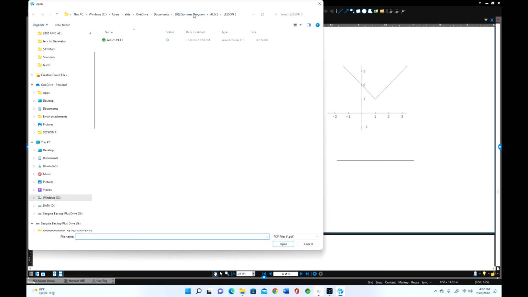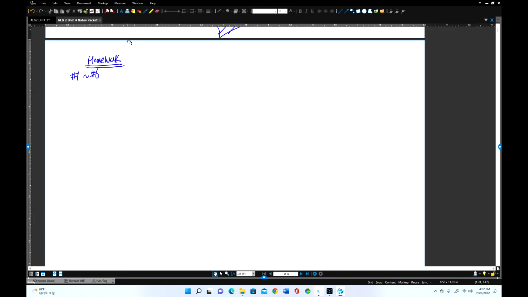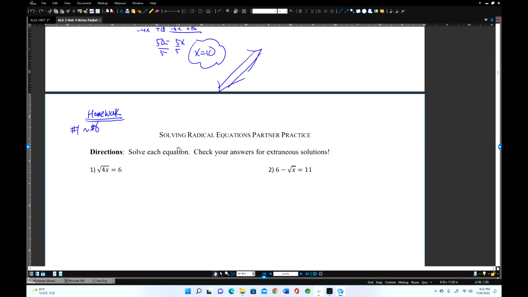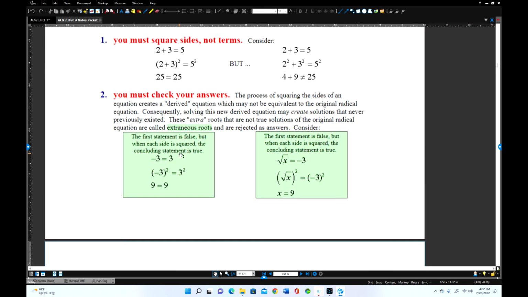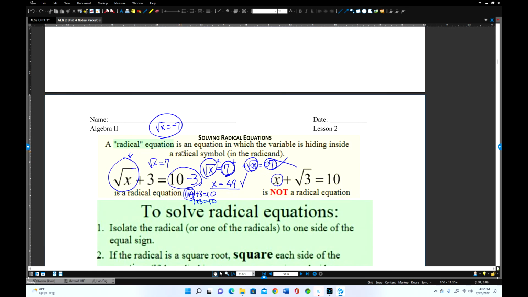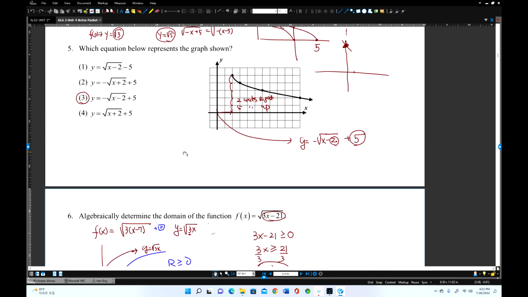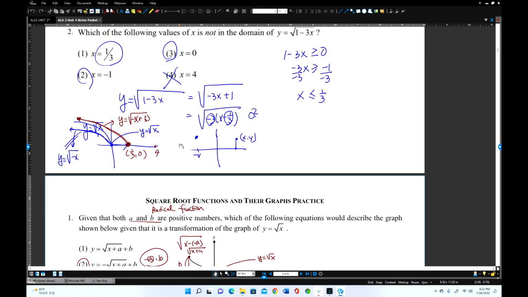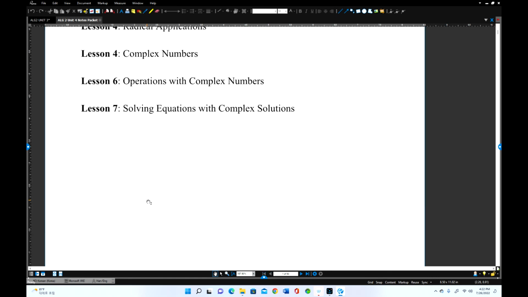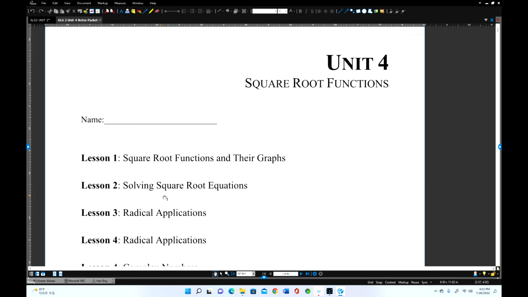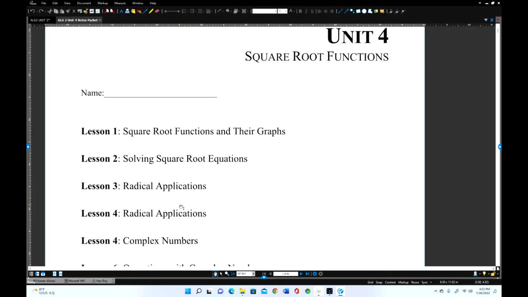Okay. So we're going to go into unit 4. Yesterday we did up to here. Okay, the square root functions and their graphs.